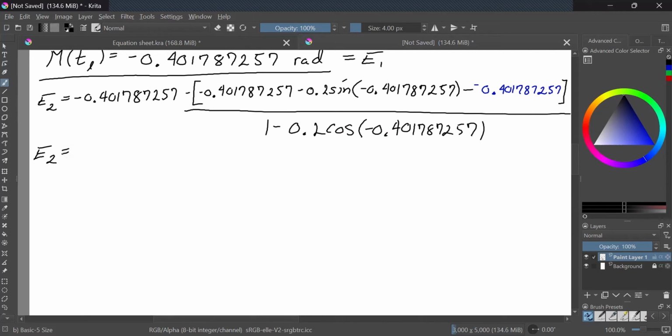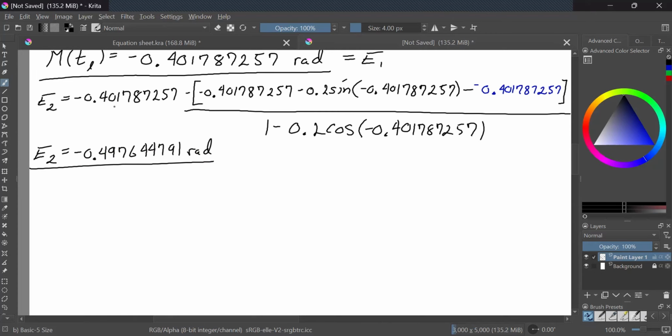And when you plug that in, you will be met with a value of minus 0.4976444791 radians. So that's not too bad. We had a change in the hundredths place, but we did objectively get closer to where we want to be.